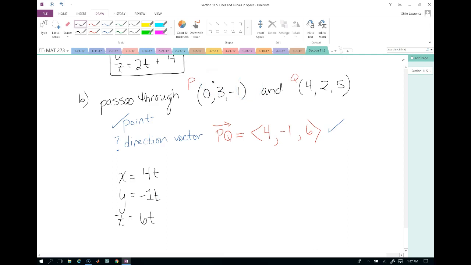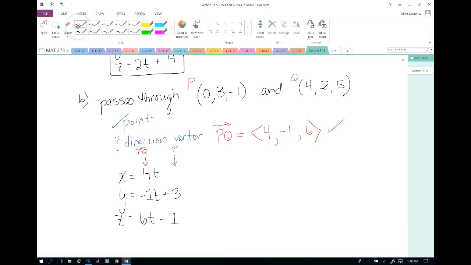So if I use P, then I'm not going to add anything to my x because the coordinate's 0. For my y, I'm going to have plus 3. For my z, I'm going to have minus 1. So my coefficients were components of PQ, and then my constants I did from P.